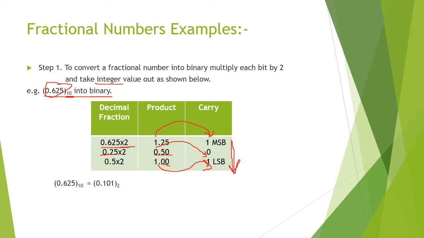So the number 0.625 at decimal, its equivalent is 0.101 at binary. So this is how we can convert a fractional number into its equivalent binary number.